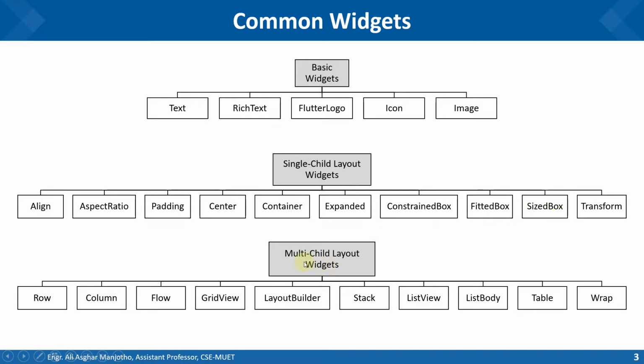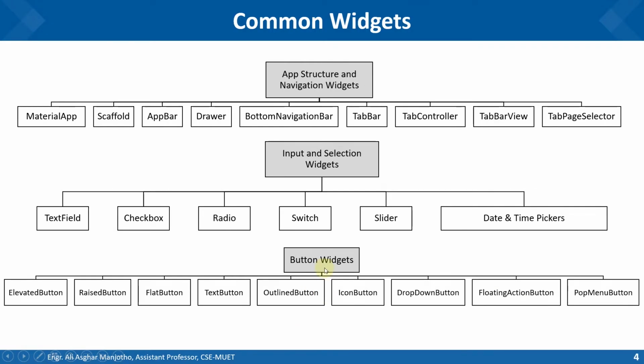In case of multi-child layout widgets, the most commonly used widgets are row and column. As the name implies, they will arrange multiple widgets within a row or column structure. Then you may have other widgets such as stack and table, list view, grid view, layout builder. A number of other widgets are there.